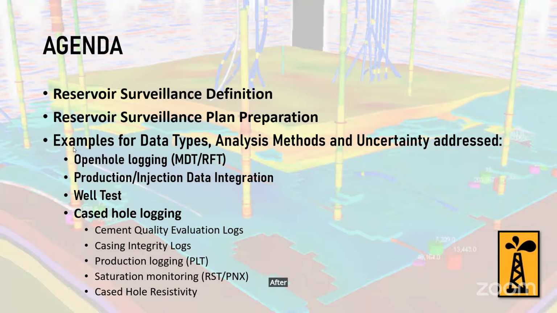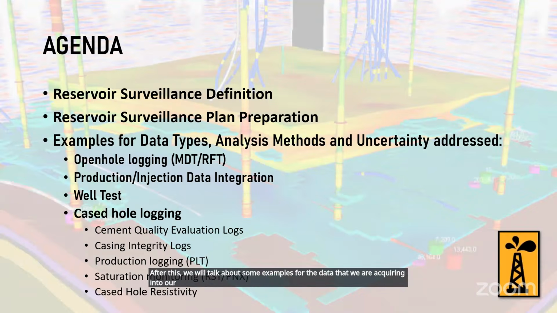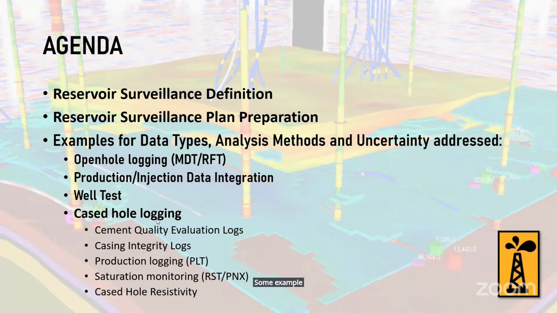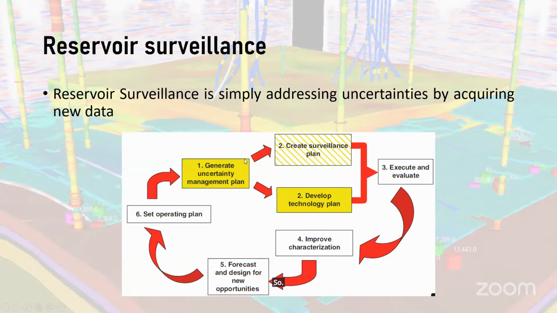After this, we will talk about some examples of the data that we acquire in our reservoir surveillance plan, like open hole logging and production and injection data. Also, we will talk about well tests and cased hole logging, and we have some examples of this kind of data.